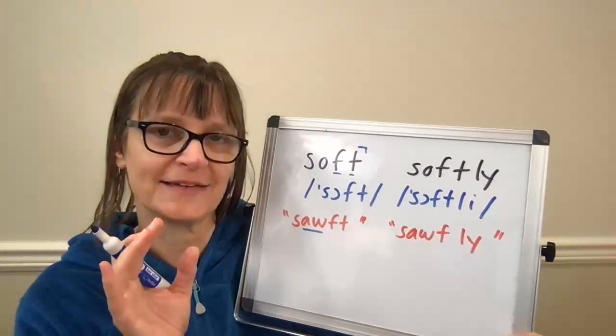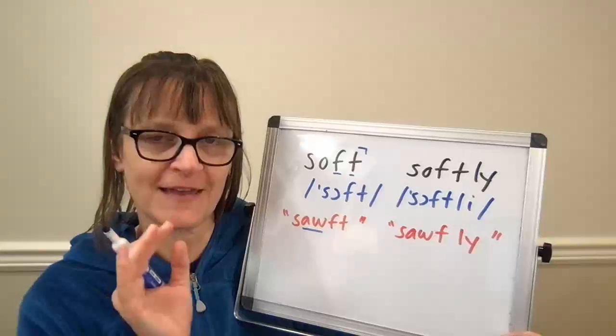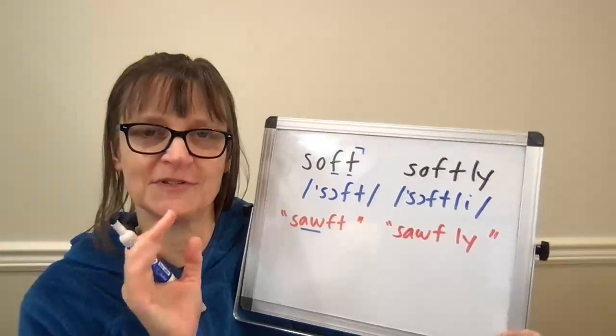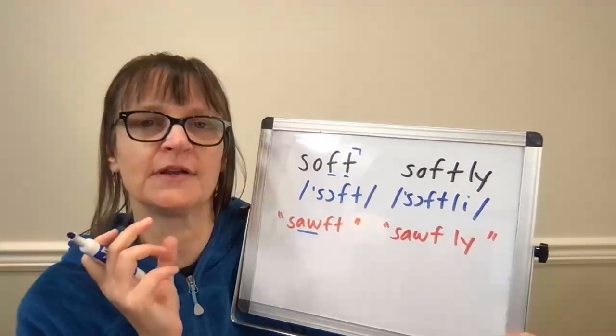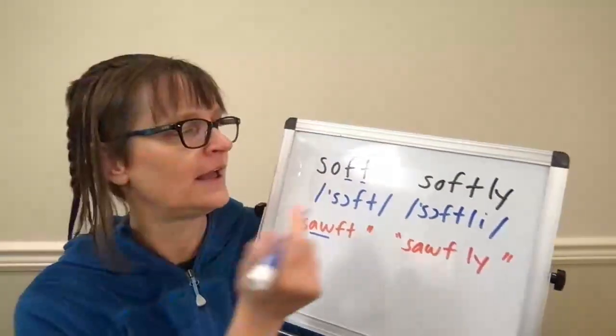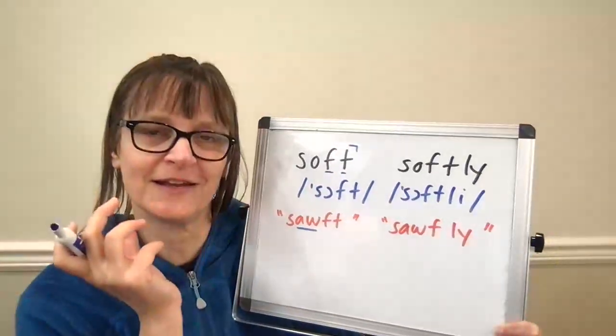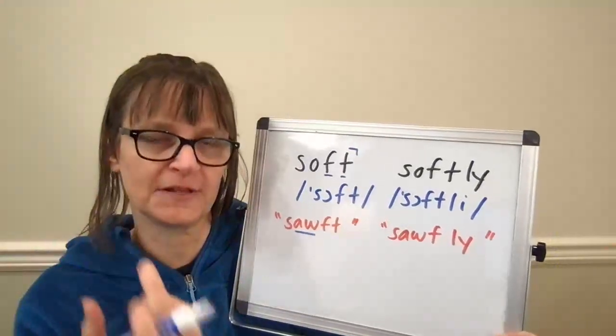The way we make that T is by stopping the air, either with the tongue in the T position or just further back in the mouth, stopping the F very short, soft. And that way we hear it as though there's a T sound, soft pillow.